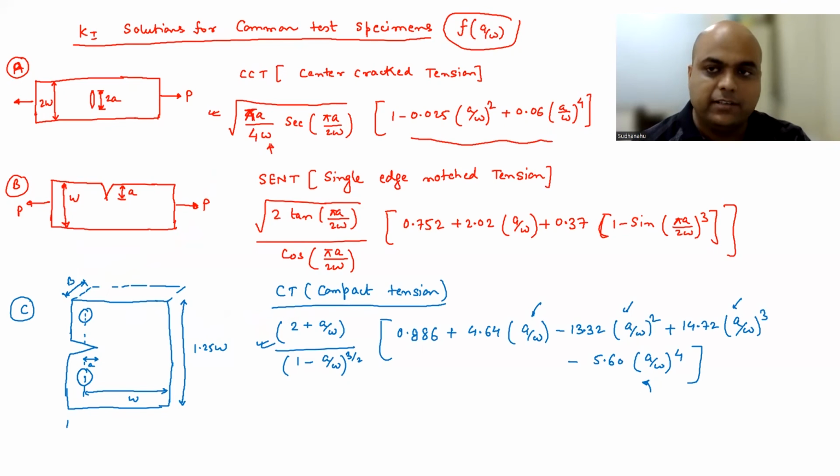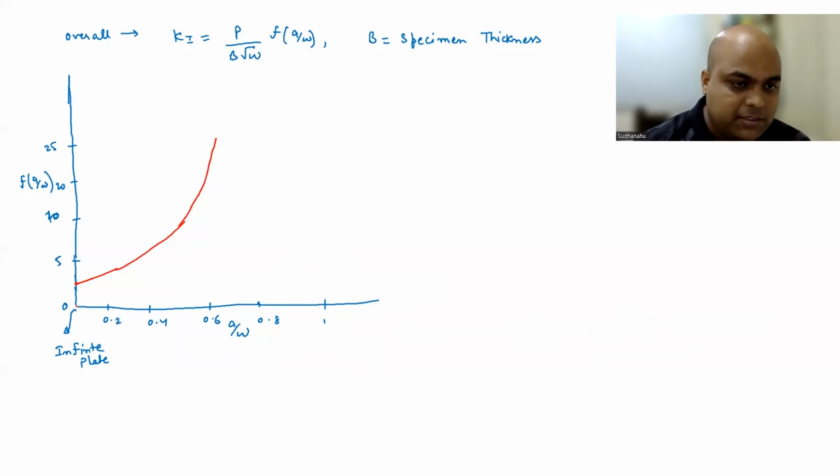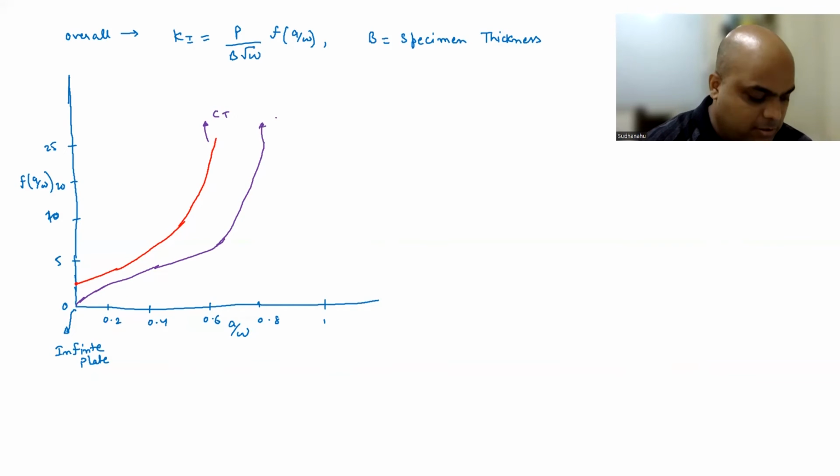Similarly, for SENT, it is going to be 0. So it will start at 0. Let me change the color. It will be something like this. And then 1.8, something like this. So this is for compact tension. This is for SENT. And the last one is for CCT.